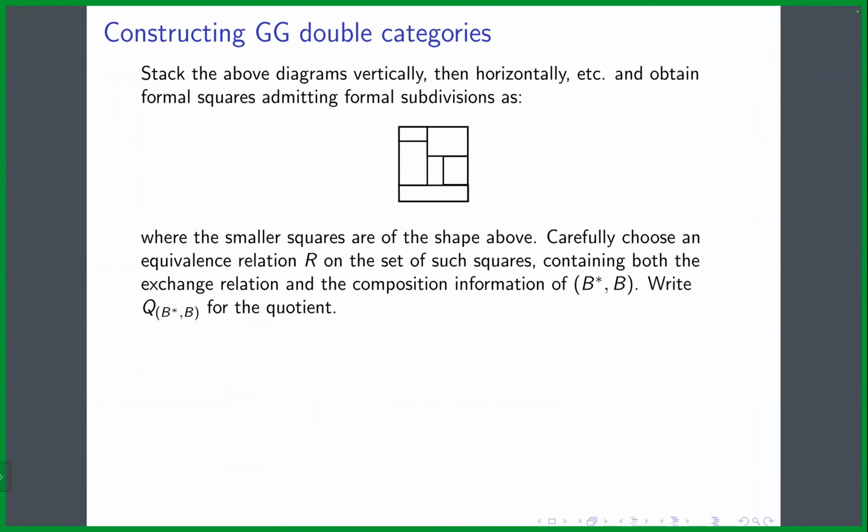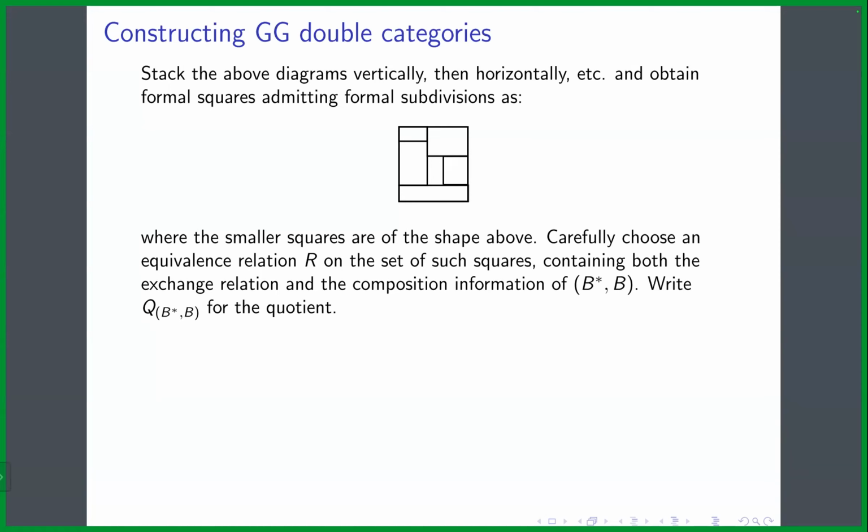We stack the above diagrams vertically, then horizontally, then again vertically, and so on. And we get a bunch of formal squares that can be subdivided into these formal horizontal identities and formal globular diagrams, where the smaller squares in this subdivision are in the formal shape that we defined before.